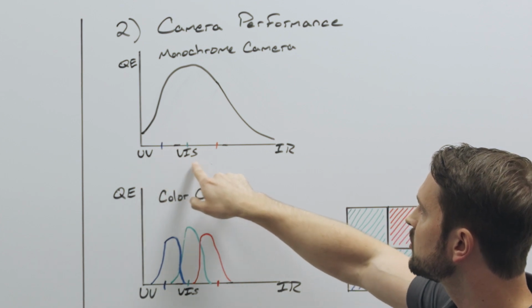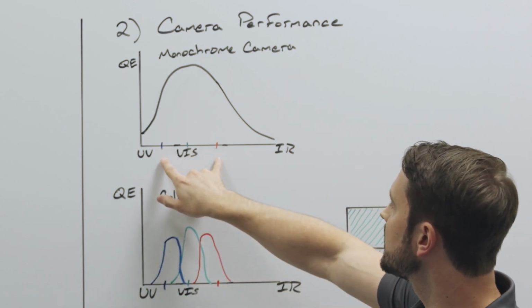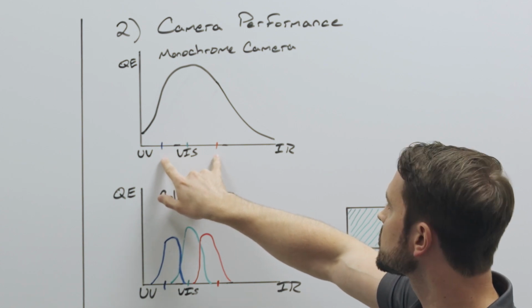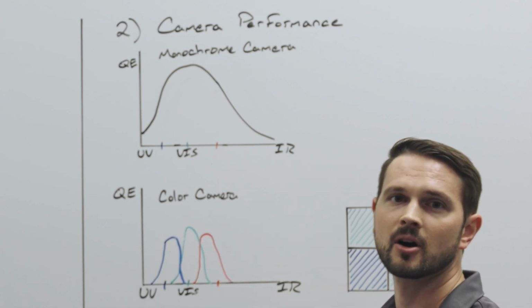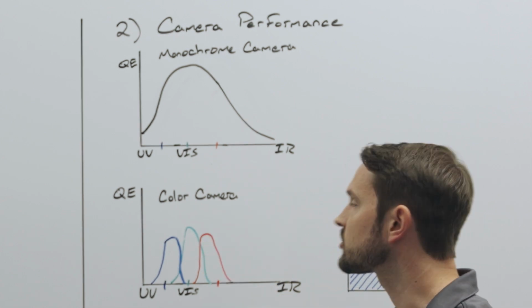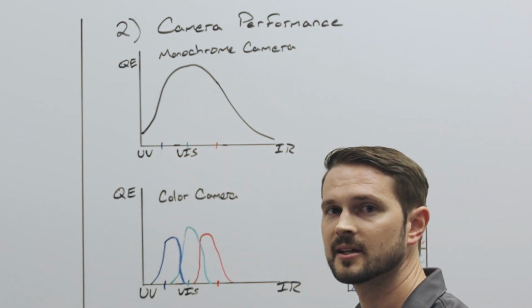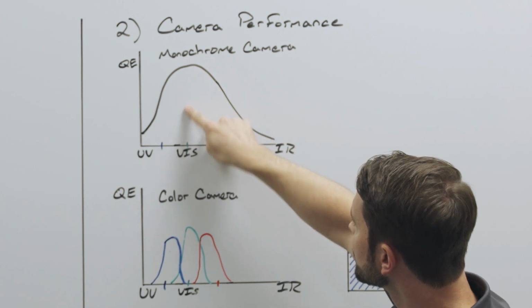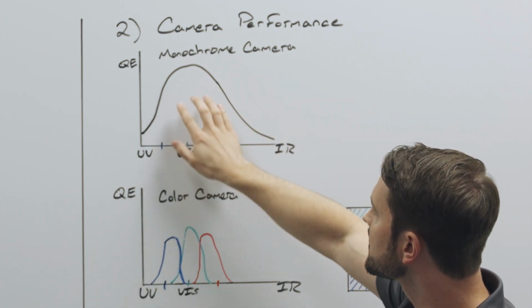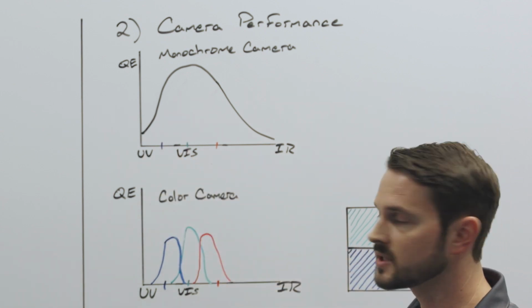I've put blue, green, and red marks here somewhat arbitrarily, not to scale or anything, just to show that we're maximizing our quantum efficiency, or our conversion of photons to electrons on the sensor, in that visible band, because we're simulating a silicon camera here. And so we see that we're peaking around the green, but overall our performance in the visible is very continuous, and it starts to taper off in the IR and of course in the UV as well.